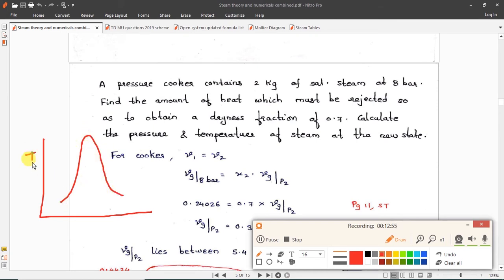So this is the TS diagram. Even though the dryness fraction is 0.7, but important to understand over here is the pressure and temperature of Vg, of wet steam in between, and of saturated liquid, everything will be the same.